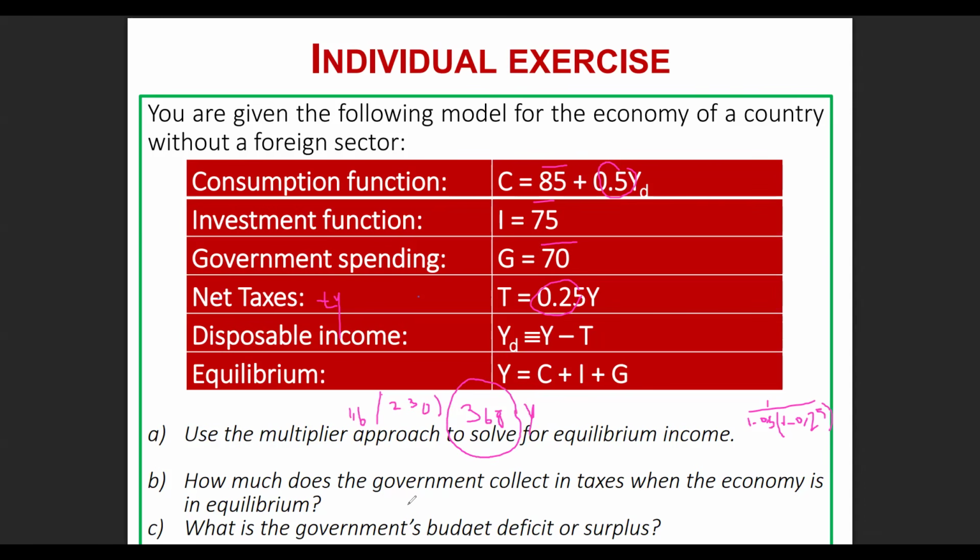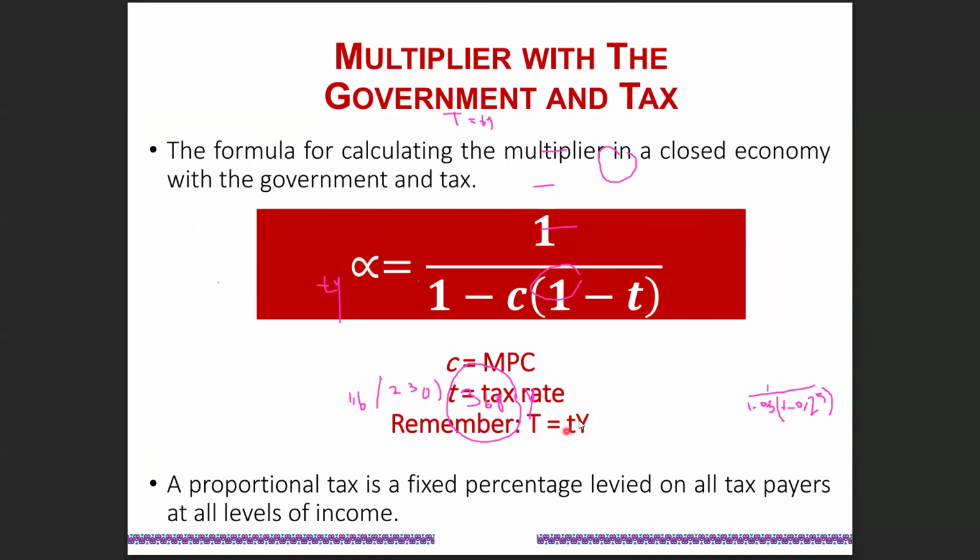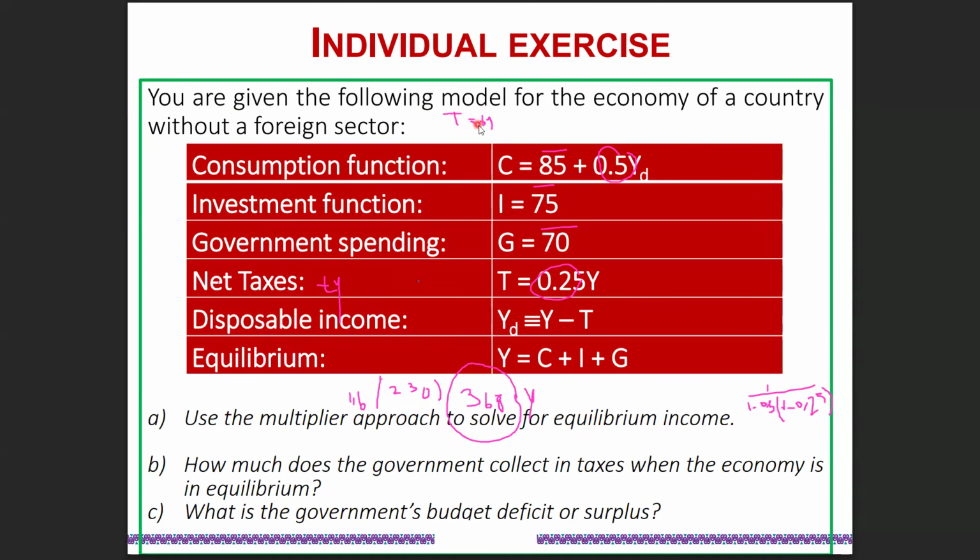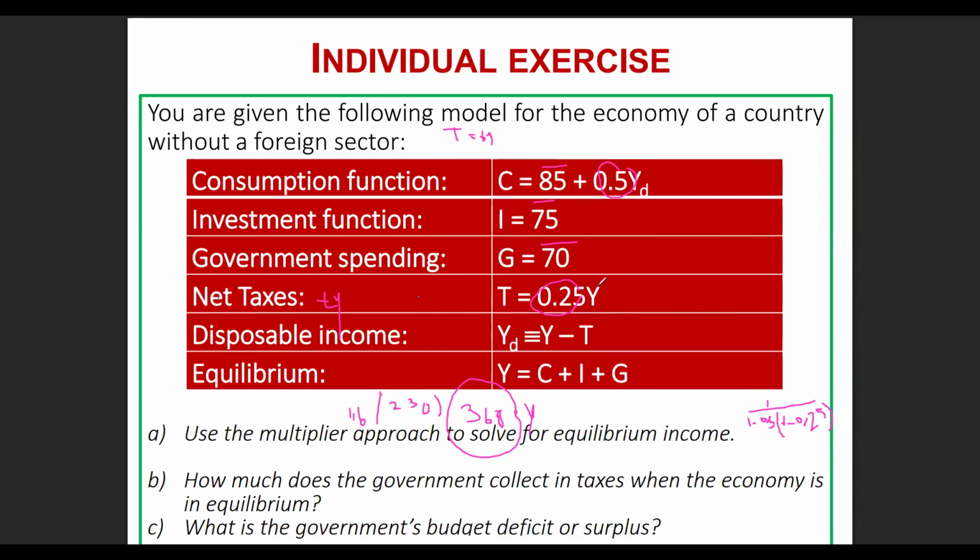To get the taxes collected, you say T equals small t times Y. They even said remember T is equal to t times Y. So our t is 0.25, and in the place of Y you substitute 368. 0.25 multiplied by 368, you get 92. So net taxes is 92.